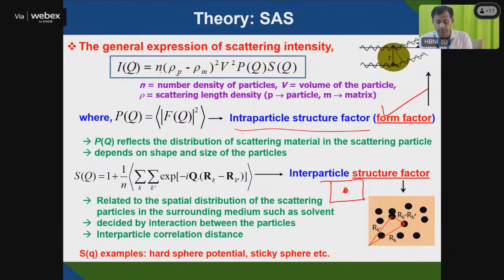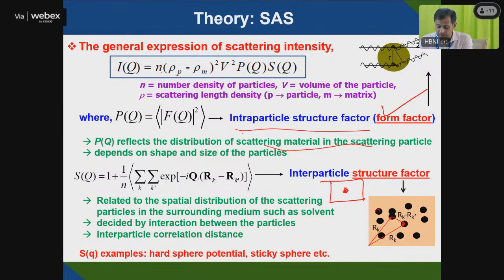If something is going on within the particle, that is called the intraparticle structure factor or form factor. P(Q) reflects the distribution of scattering material in the scattering particle. It depends on the shape and size of the particle. And S(Q) is related to the interparticle interaction, which is called the structure factor.